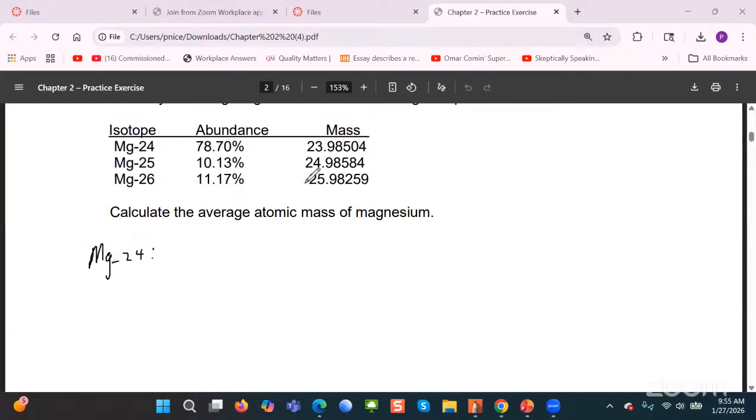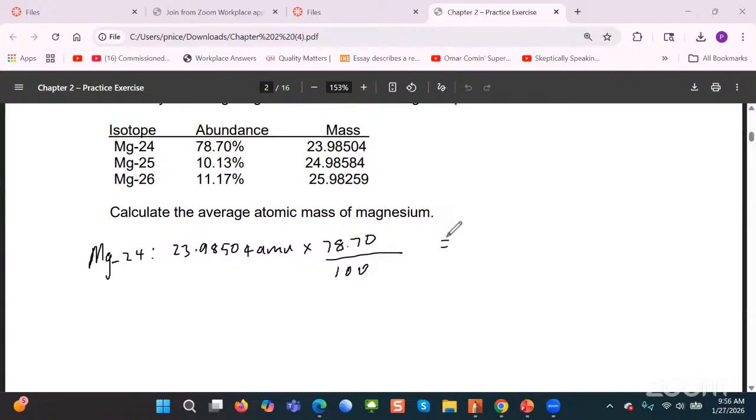You take the mass, which is 23.98504 AMU, and multiply that by 78.70%, which you have to divide by 100, of course. And you work that out.